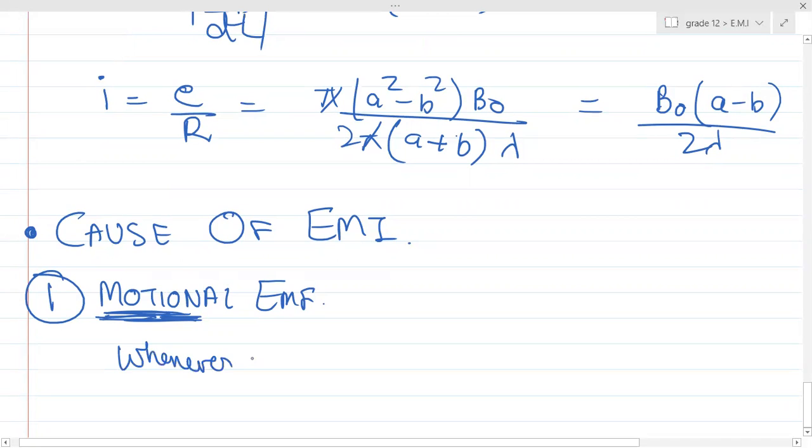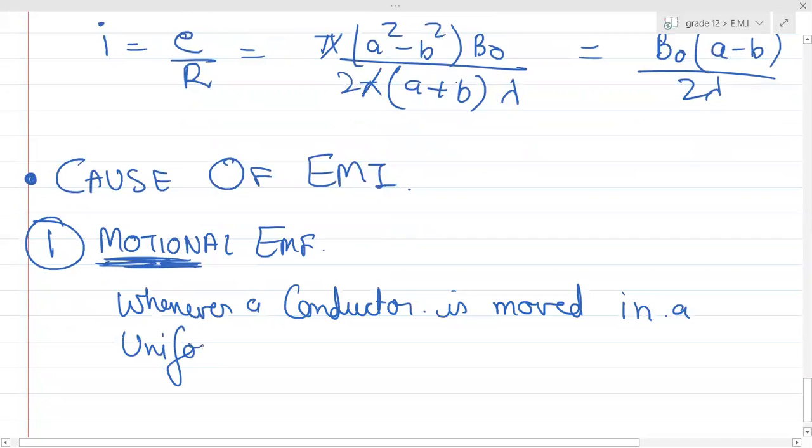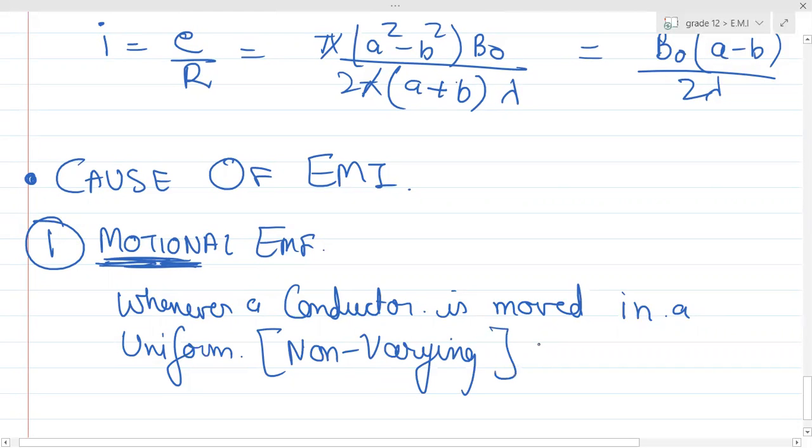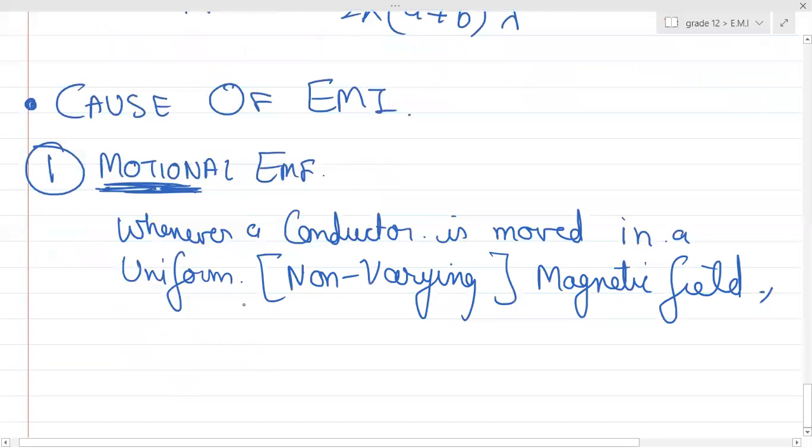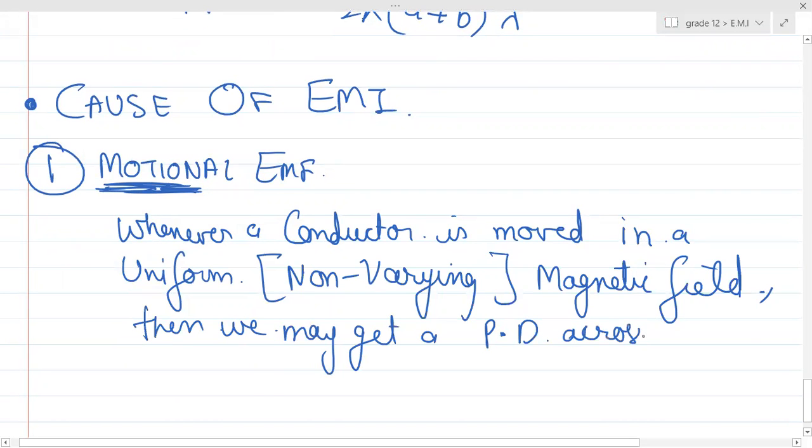So whenever a conductor is moved in a uniform, non-varying magnetic field, then we may get a potential difference across the ends of a conductor.